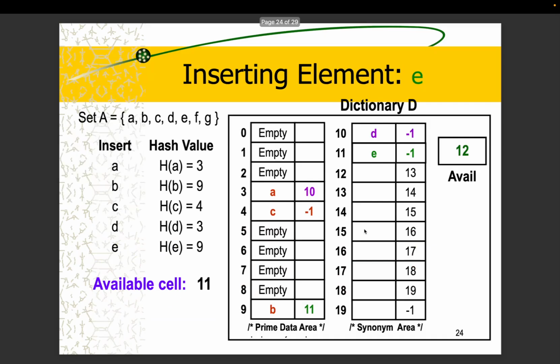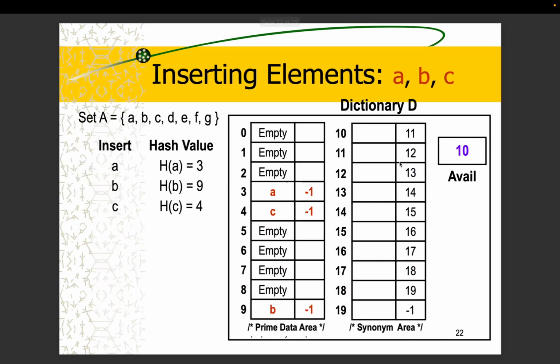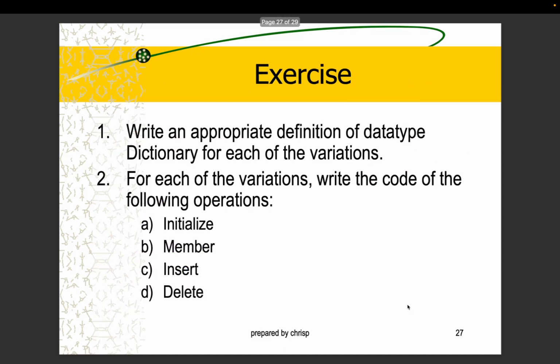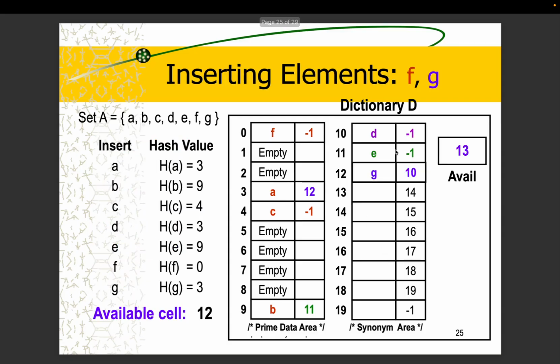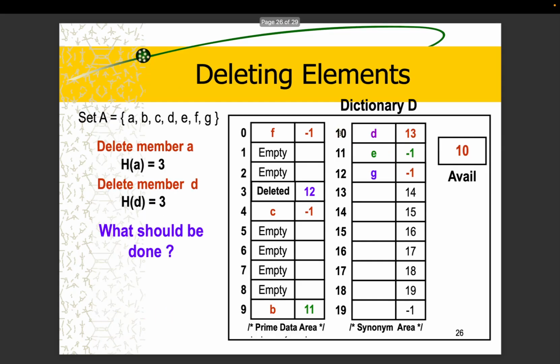So here we have variation 3, wherein all of the synonym areas are connected, like a cursor-based implementation. And every time we delete an element, we just update the link to be the value of avail, and update avail to be the element there. So the deleted element still exists, but it's going to be overwritten the next time it's inserted.